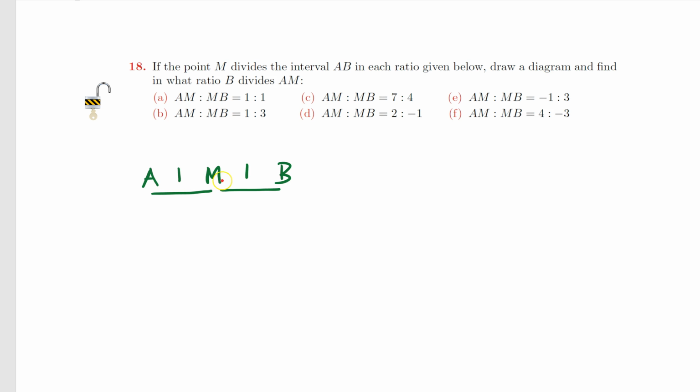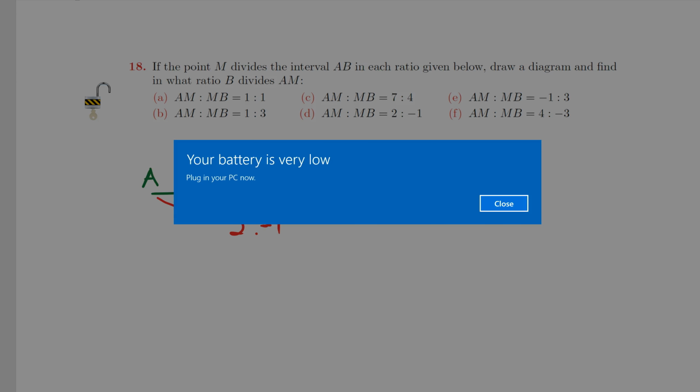If B is dividing AM, this is now an external division. So that means, and it's beyond M, so that means we're going out here and back to M. So it's an external division in the ratio of 2 to 1, and it's a negative ratio. And as I said before, I would take that as the negative.